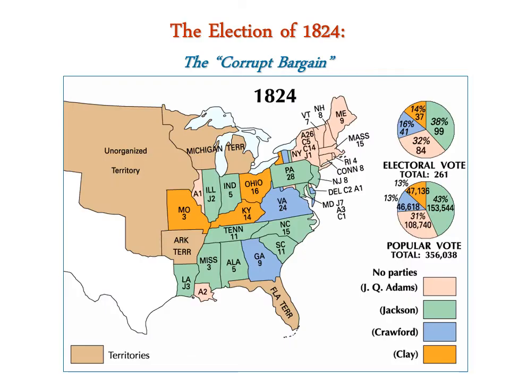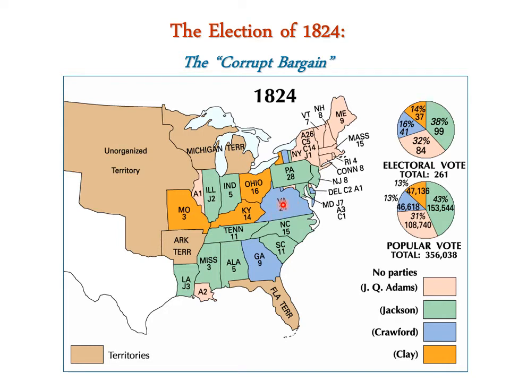Next slide. So you got the election of 1824, and you can see that the four guys all kind of split the vote. Here's the popular vote, and here's the electoral vote right here. You can see that in New England, John Quincy Adams dominated. Crawford actually wins Virginia, which was a very important state.